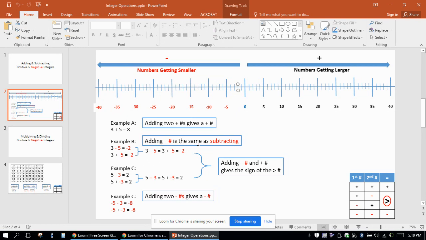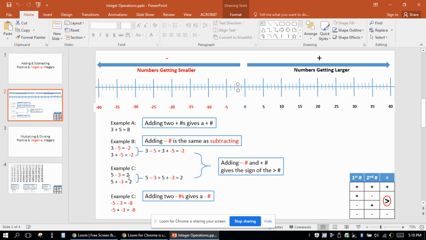Because we got the same number, we come to the conclusion that adding a negative 5 and subtracting a 5 are exactly the same thing. So when I say 3 minus 5, it's the same thing as 3 plus a negative 5, and I wound up with a negative 2.